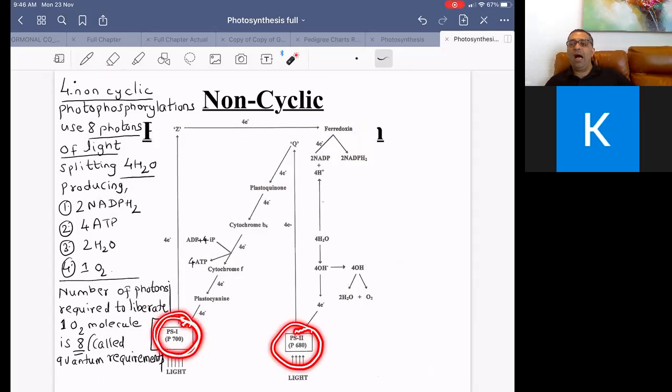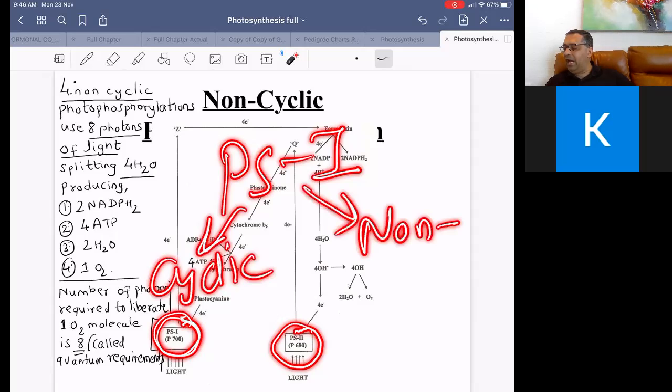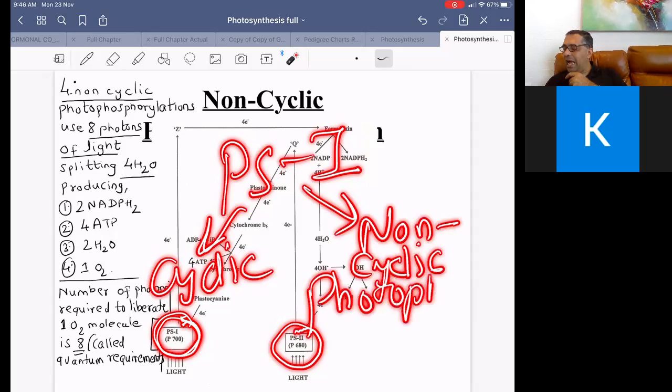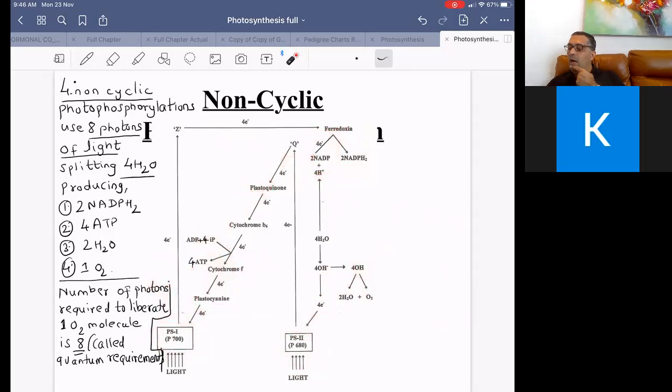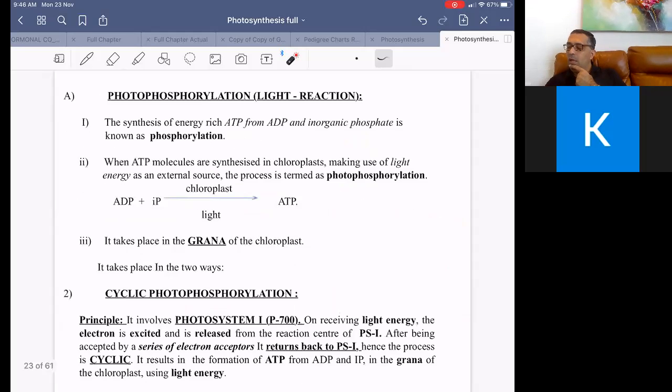PS1 is used in cyclic as well as non-cyclic photophosphorylations. We'll end it with the other one.